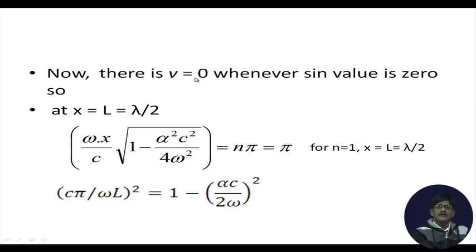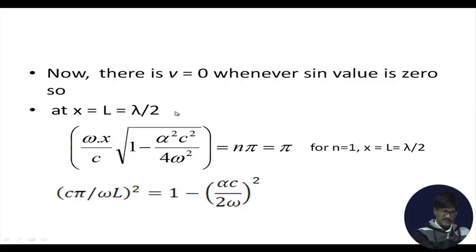Now v is equal to 0 whenever the sine value is 0. So it's basically a into sine of something. Let's put the sine value to 0, and therefore we will definitely have v equal to 0. The amplitude cannot be 0.